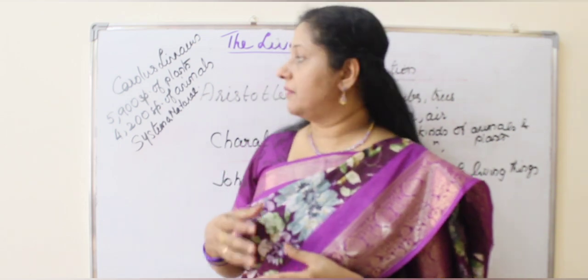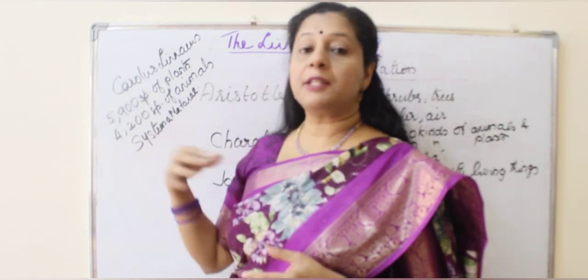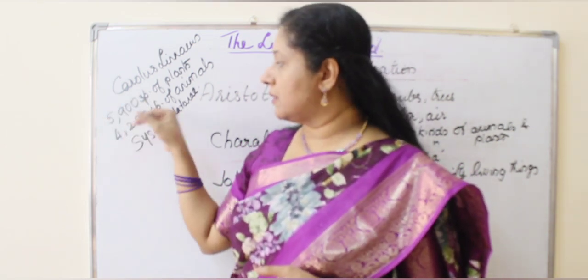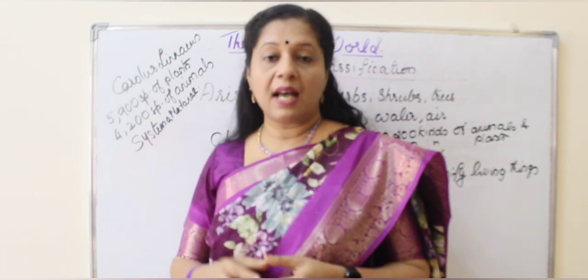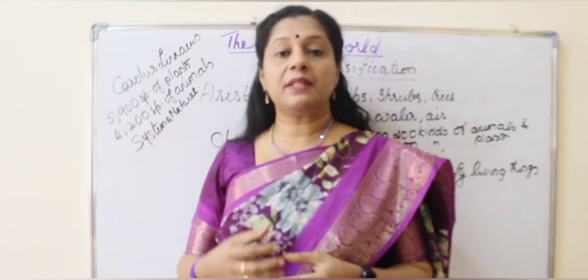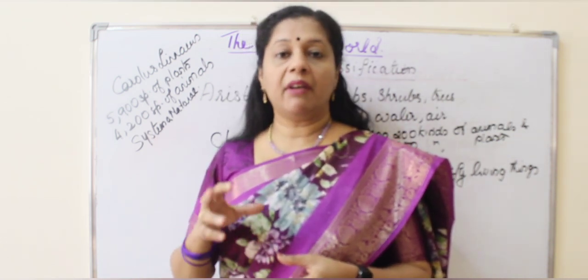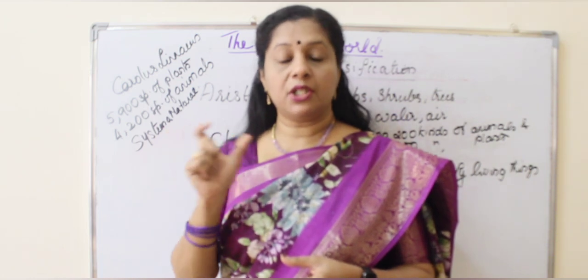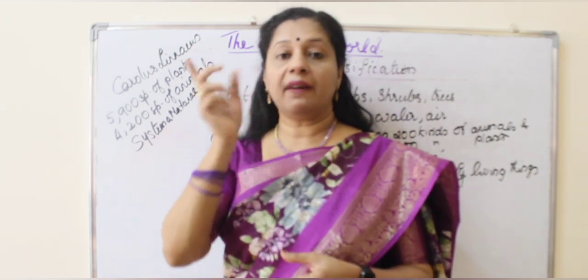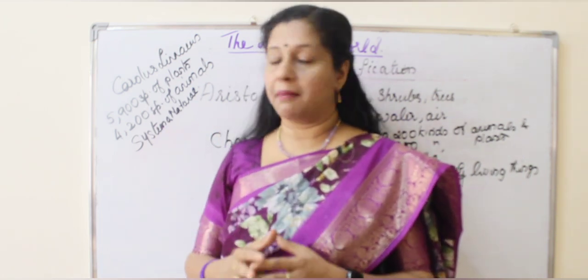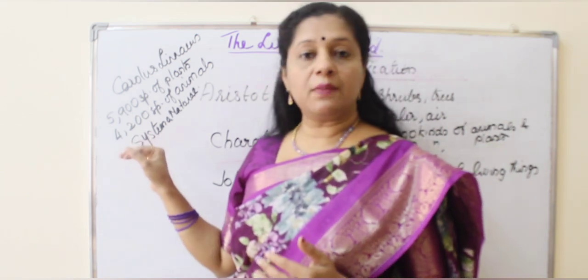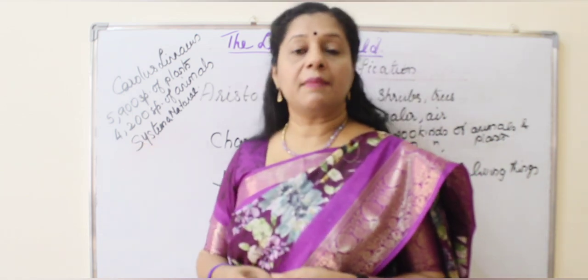He classified almost 5,900 species of plants and also 4,200 species of animals, and he was the first one to introduce the binomial nomenclature system, where we use two words to make a scientific name, unifying different names for a plant and an animal. All these were described in his book called Systema Naturae.